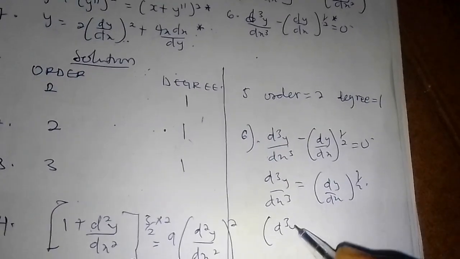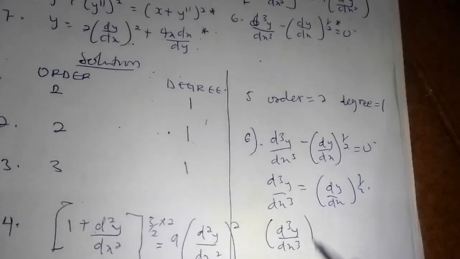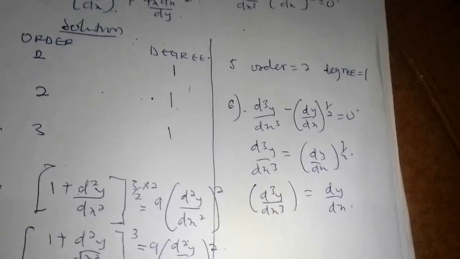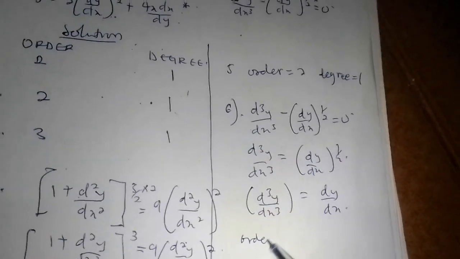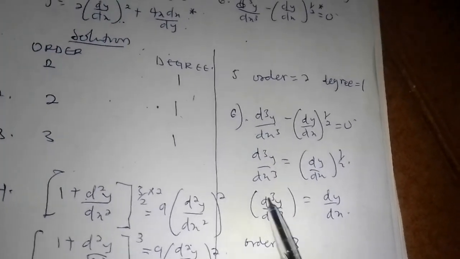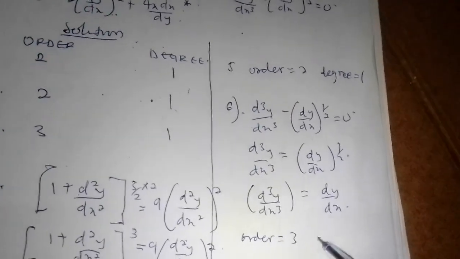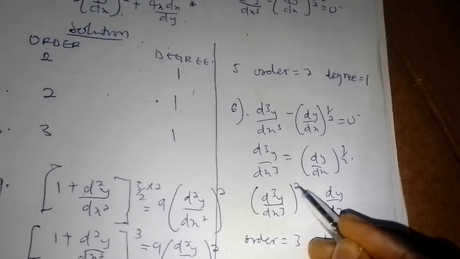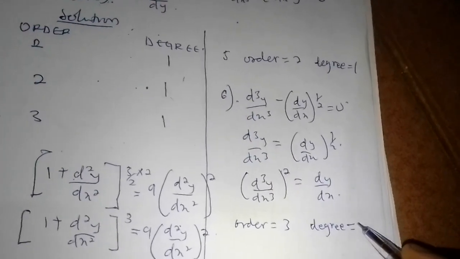I'm going to have (d³y/dx³) squared equal to dy/dx, as simple as that. Hence my order is simply equal to 3 because the highest derivative is the third, and the degree, so here will be squared, sorry, and the degree is going to be equal to 2 nicely.